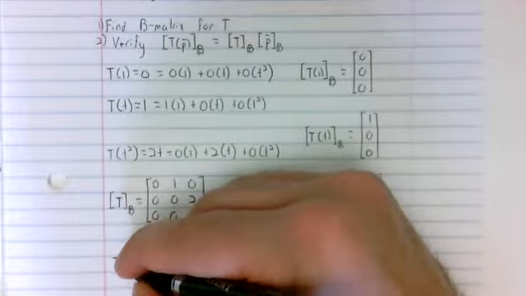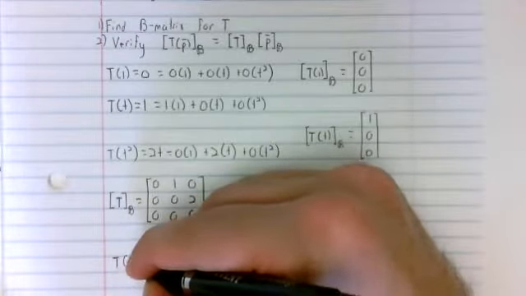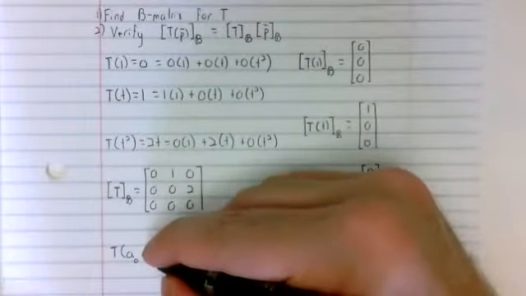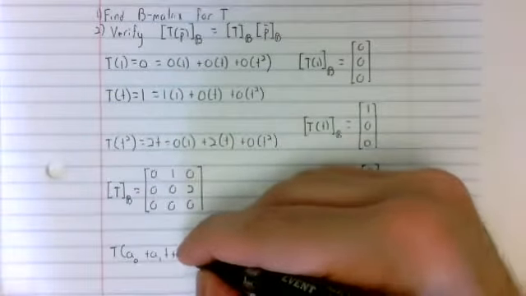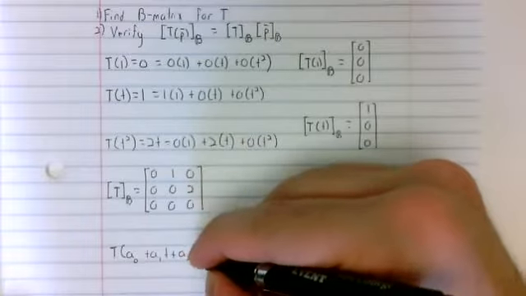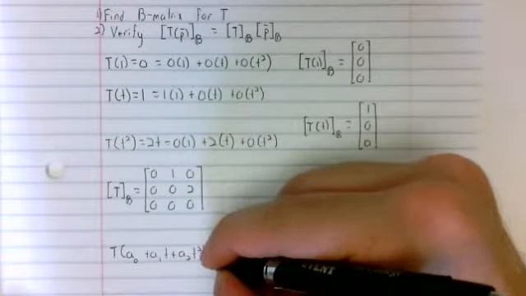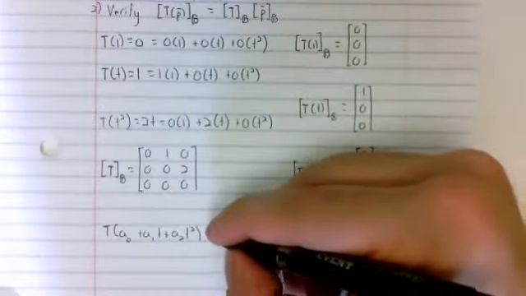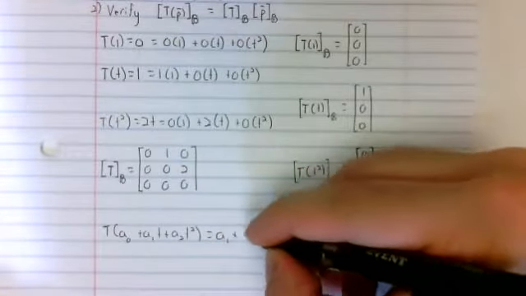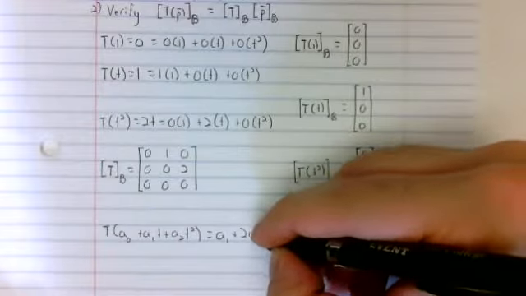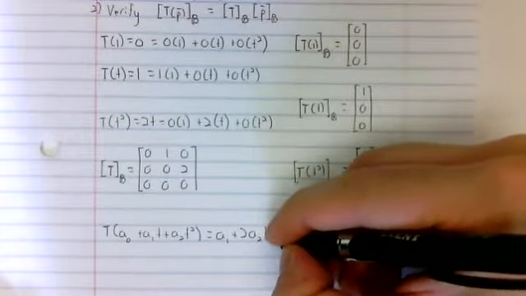T of a sub 0 plus a sub 1 t plus a sub 2 t squared is a sub 1 plus 2 a sub 2 t.